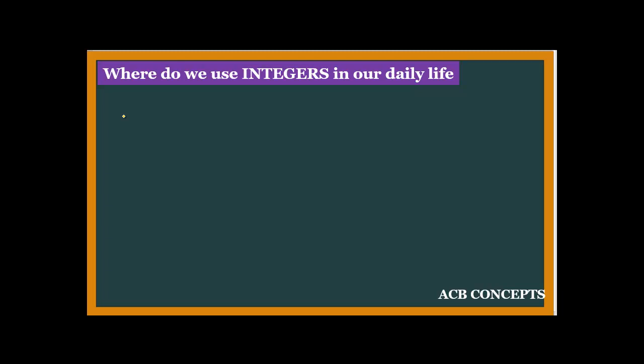Where do we use integers in our daily life? I'm taking one example here. This is a shopkeeper. He may get a profit, or a loss, or no profit or loss on selling his goods.